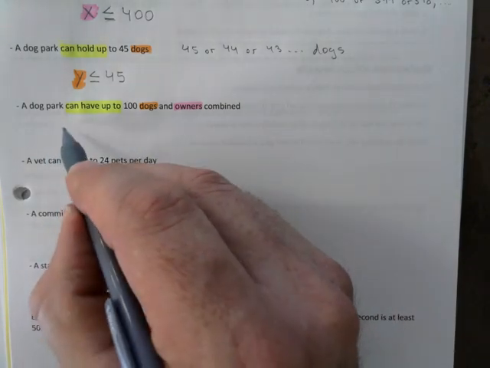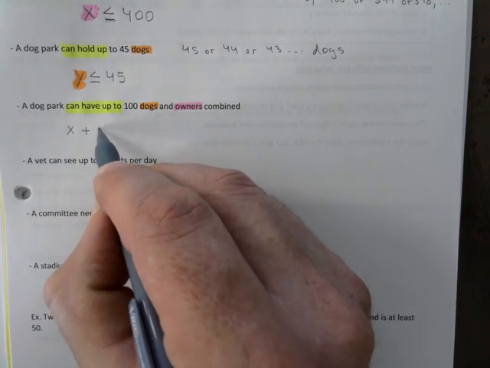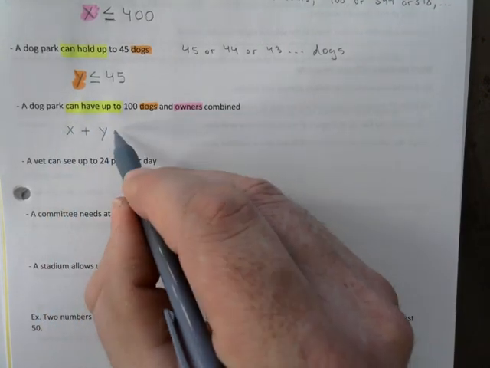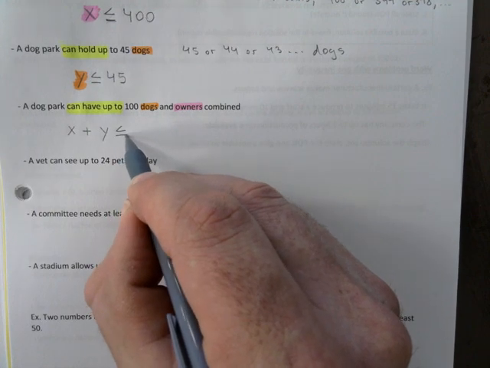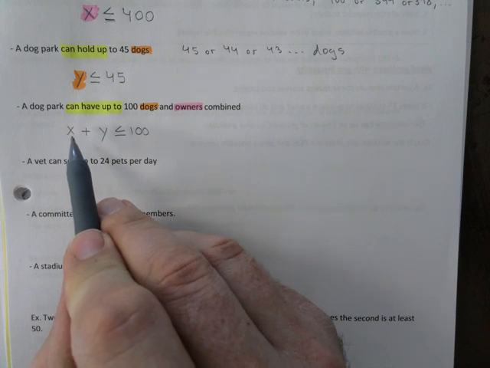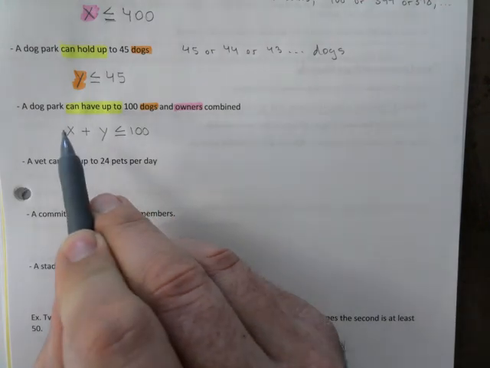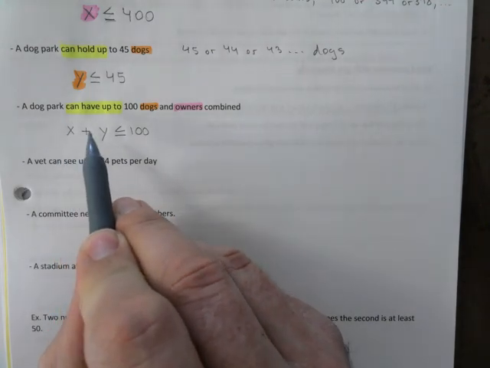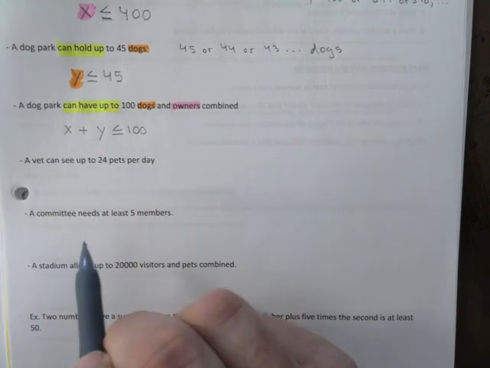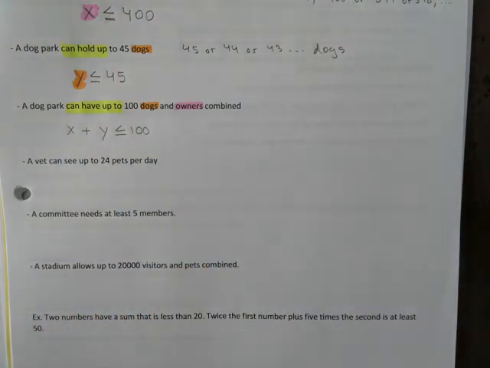When you have that, you have to see it this way, that the number of owners combined with the number of dogs, this combination has to be less than or equal to 100. So you could have 99 owners and 1 dog. You could have 50 owners and 50 dogs, or you could have 40 and 40. It doesn't matter as long as it's less than 100. That's what that statement is saying, and this would fulfill that statement. Okay.